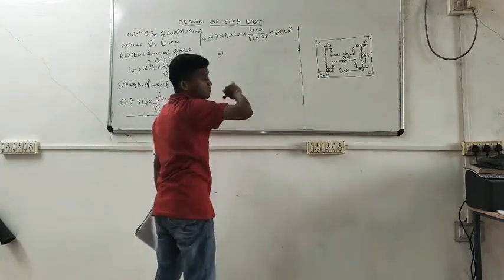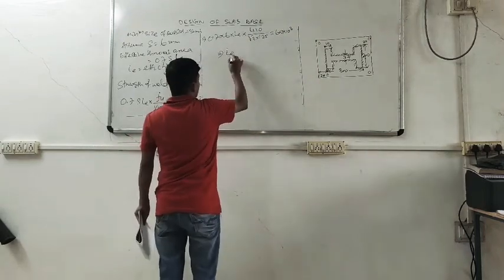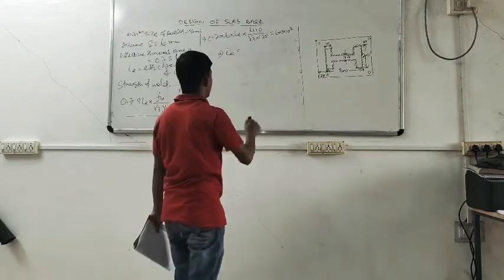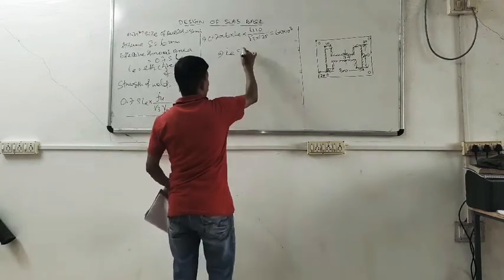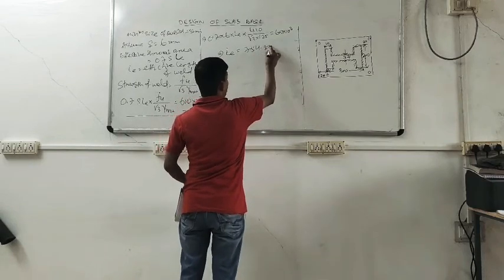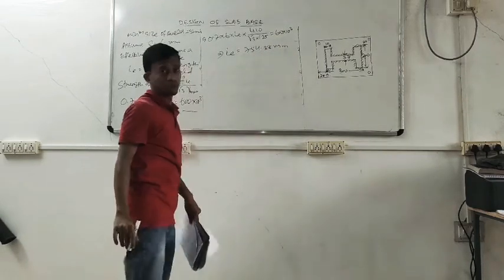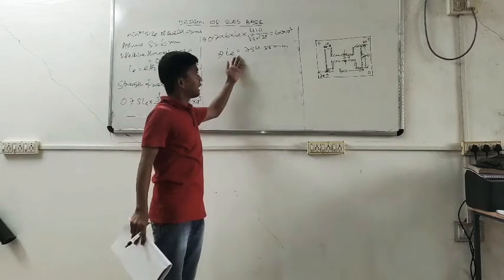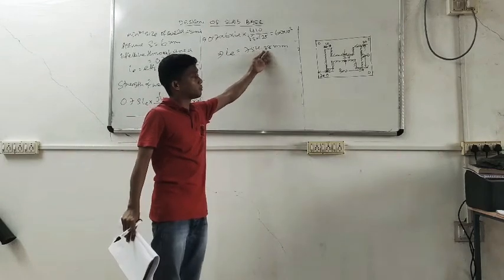From this, LE comes out to be 754.38 mm. So our required length of weld is 754.38.